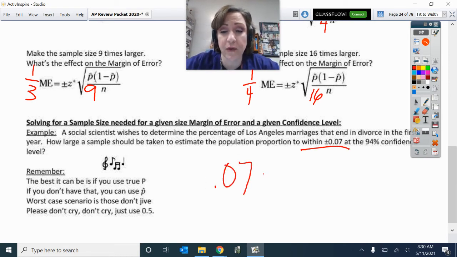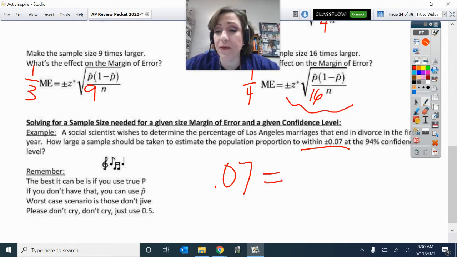So that's the margin of error equals, and then you fill in this information. 94% confident. So then that would be whatever that critical value is for that. You're going to do the inverse norm of 1 tail. Let's see, 94%.